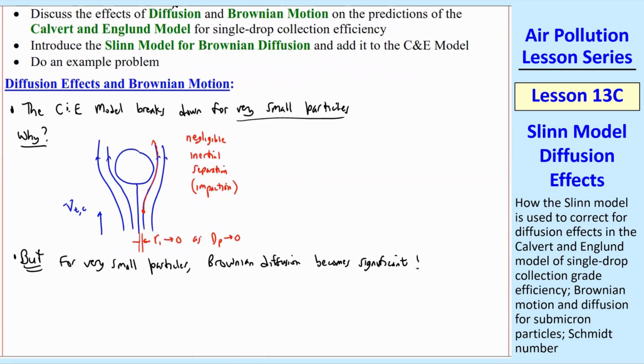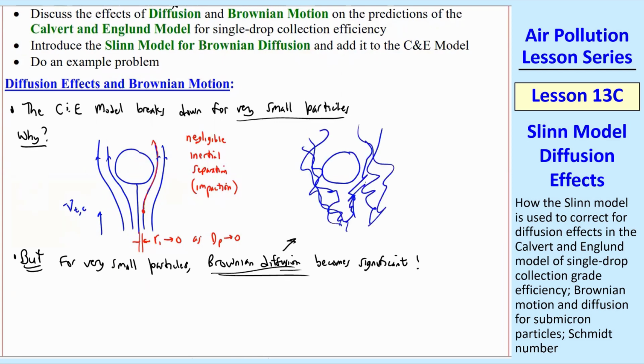But for very small particles, Brownian diffusion becomes significant. You probably remember Brownian diffusion from your physics class. Air just kind of vibrates at very tiny distances, and there's a lot of randomness going on due to the molecules banging against each other. So what really happens is these air streamlines are wiggling all around instead of going nice and straight, but they have a lot of randomness to them.